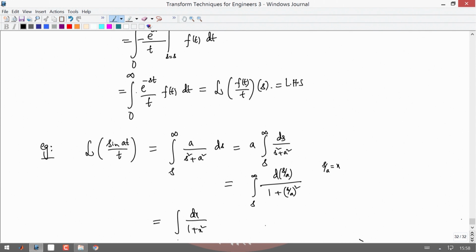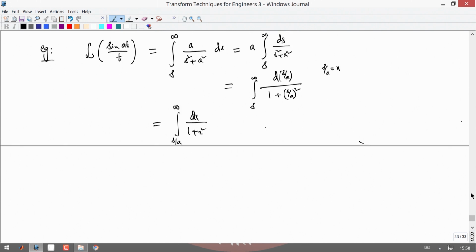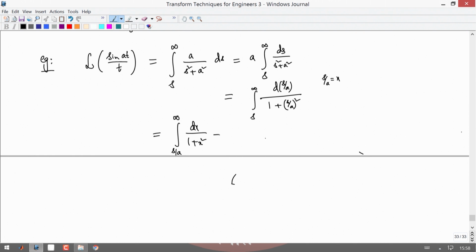Now when you put s equal to s, you have s by a to infinity, and when you put s equal to infinity, that is actually infinity. So, this is nothing but tan inverse x from s by a to infinity.